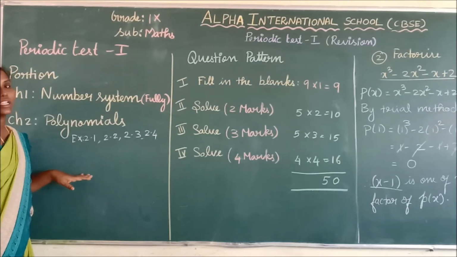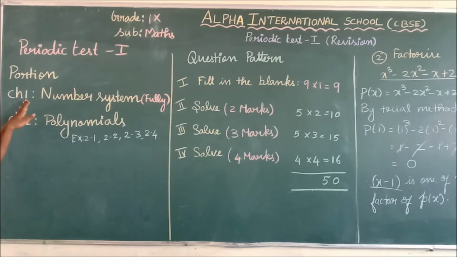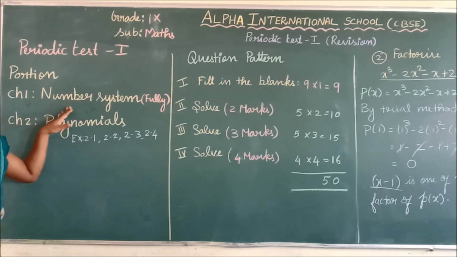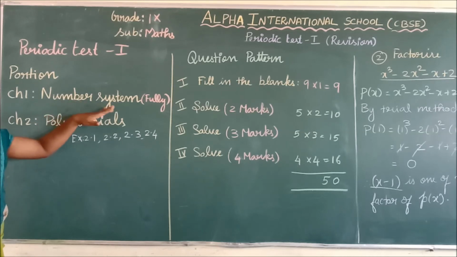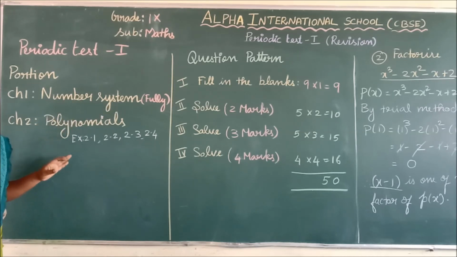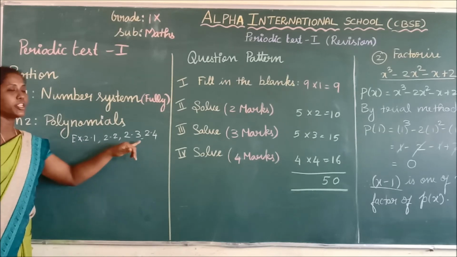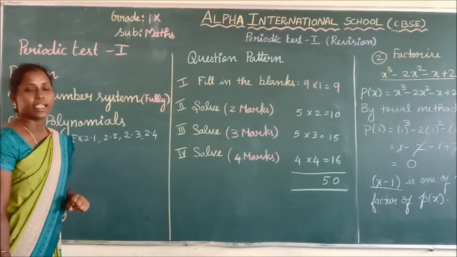For your first periodic test, the portion is the first chapter, number system, fully, based on real numbers always. So fully revise the first chapter, all the exercises with the examples, and the second chapter, polynomials, up to exercise 2.4: 2.1, 2.2, 2.3, 2.4 fully with all the examples.